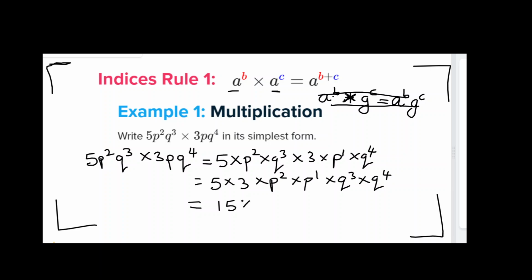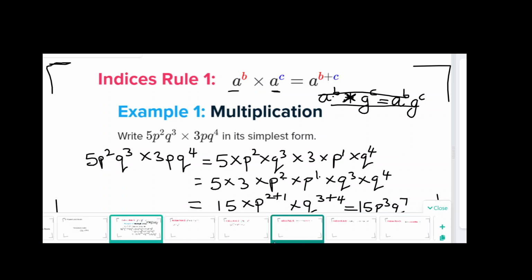Then I can do p to the power of 2 plus 1, because you're adding the powers when the base letters and numbers are the same, and times q to the power of 3 plus 4. Okay, so that gives us 15 p cubed q to the power of 7. That will be the final answer. So that's that first rule. I will move on to the next one.